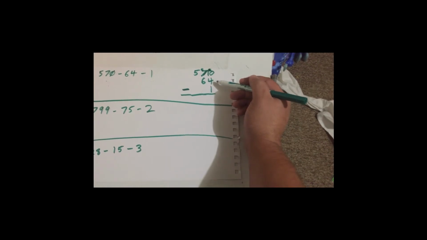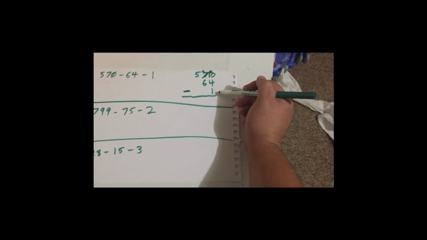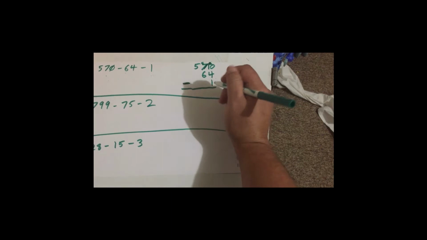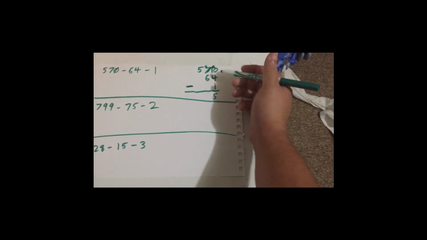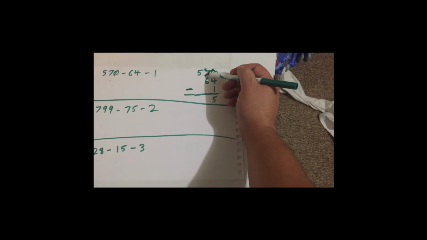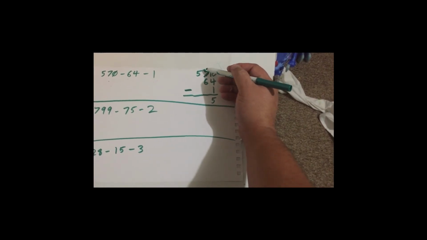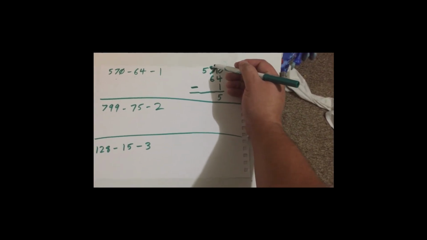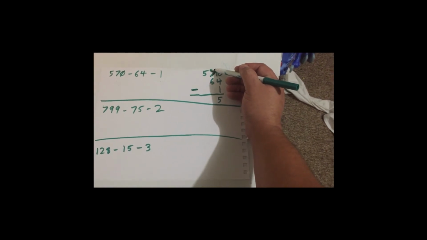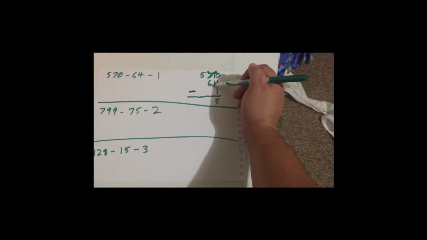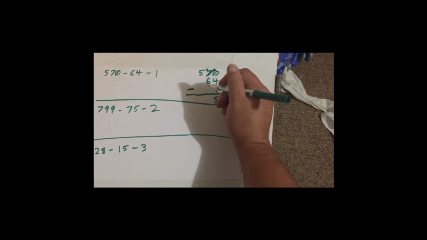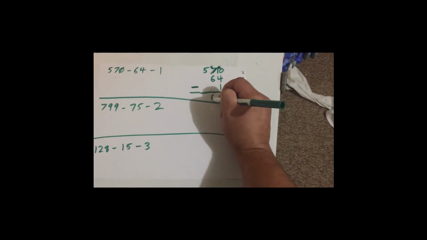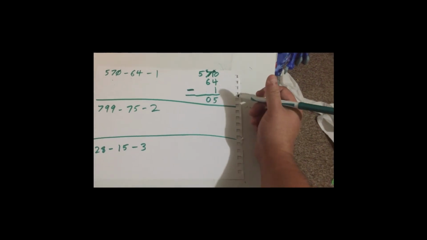10 minus 4 is 6. 6 minus 5 is 5. So our answer is 5. Now, this 7 no longer exists because we took it. Now this little ugly 6 exists, right? So 6 minus 6 is what? 0, right? Because anything minus itself is 0.